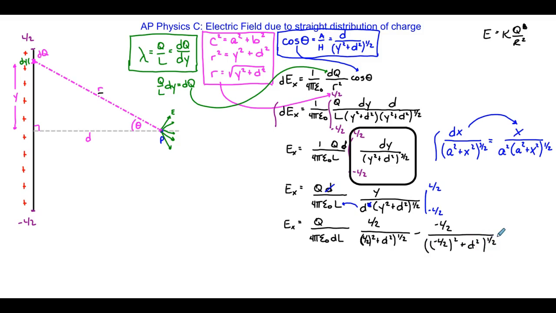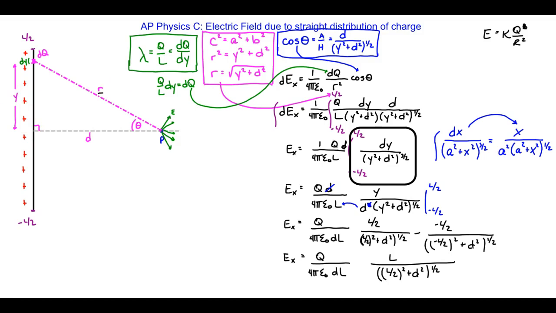So what that means now is that L over 2 plus L over 2, let's go ahead and take the next step. E to the x is equal to q over 4 pi epsilon naught d times L. L over 2 plus L over 2 is just L. And in the denominator, I'm going to get L over 2 squared plus d squared to the 1/2.